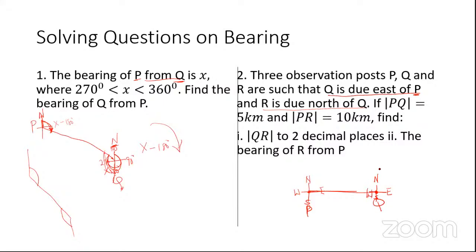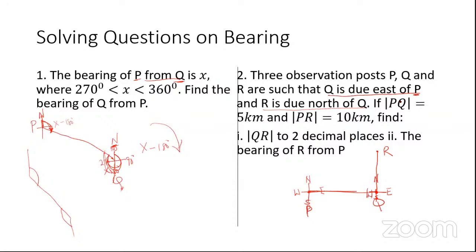This is the north of Q. They said R is due north of Q, so R is at the north of Q. So this is R. We have interpreted two statements. The first one, Q is due east of P.